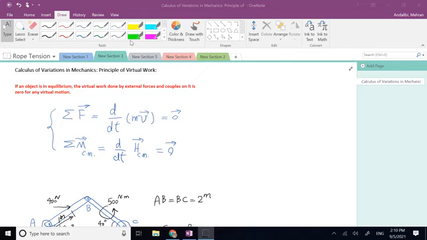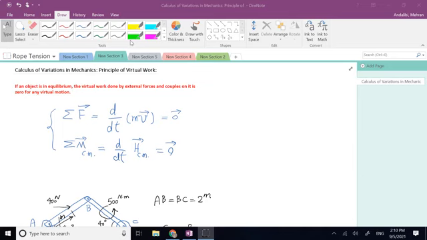It does not move. And when that is the case, there will be no work, right? Because work happens when you have forces or couples and there is some displacement, whether linear or angular displacement. When the system is static, at the static equilibrium, there will be no motion, so there is no work.